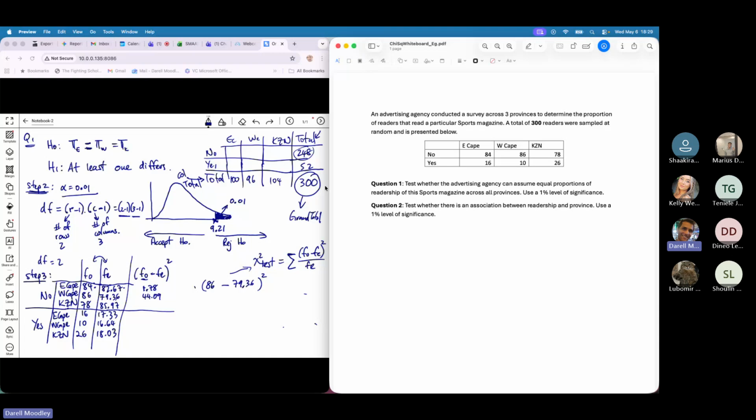I'm going to do that for everything going all the way down. The next one will be 63.57. Please let me know if there's anything that's not clear.